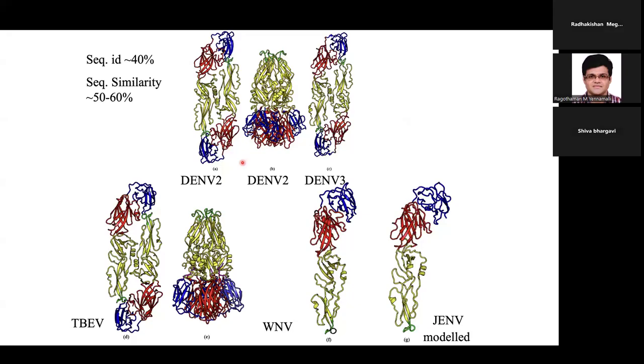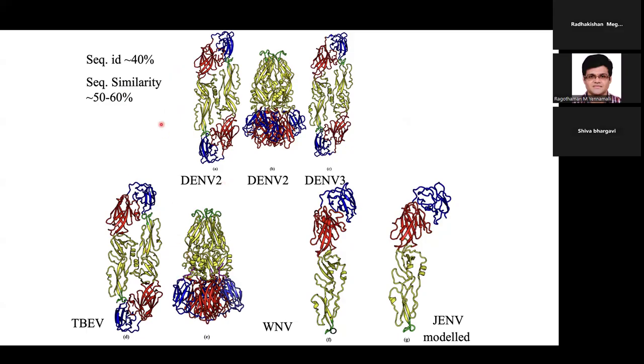And the sequence similarity is about 50 to 60%, which means that between serotypes, the structural similarity is very high, but the sequence similarity is not that high, although it is at 60%. Identity is very, very less.